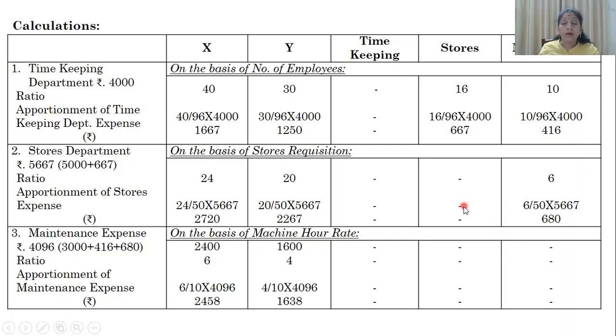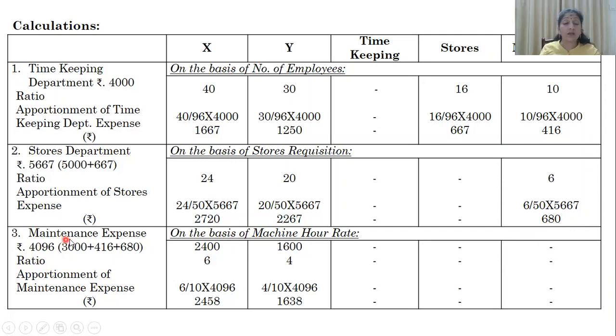We should not give any amount here, because this amount only we are apportioning to all other departments except timekeeping. Then maintenance, 6 divided by 50 into 5,667. What is its apportionment? 680. That is called reallocation, or reapportionment.